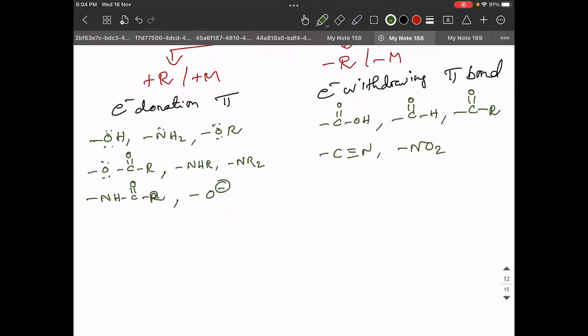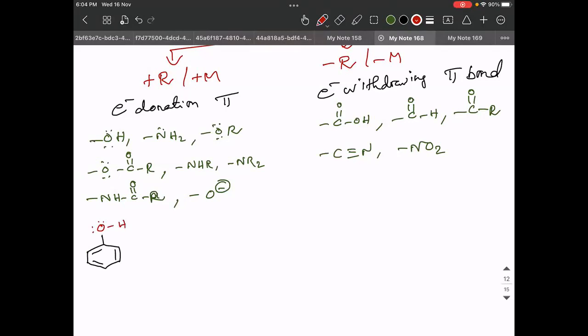How do we see that? When you take the benzene ring attached with OH, oxygen has 2 lone pairs of electrons.